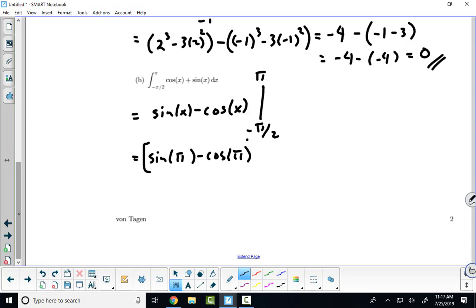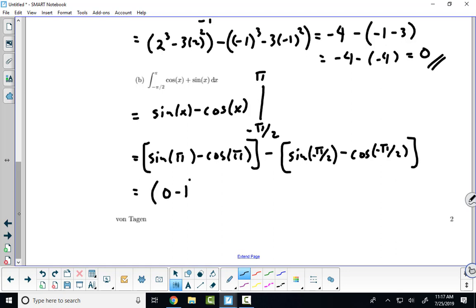So that's x to the negative 1. Well, wait, yes, absolute value.